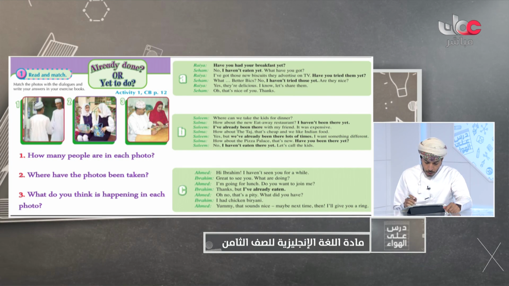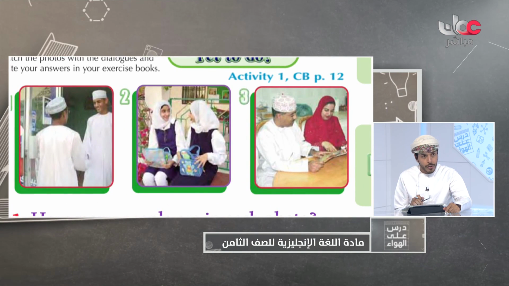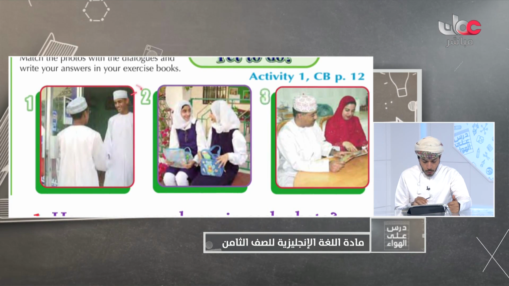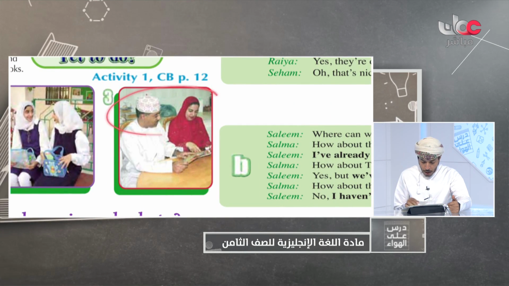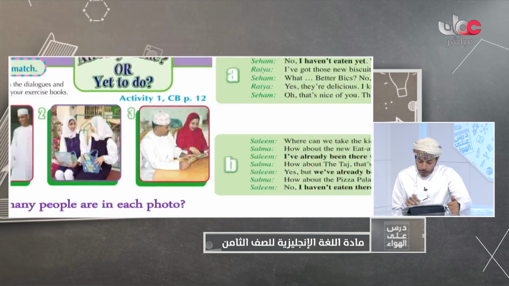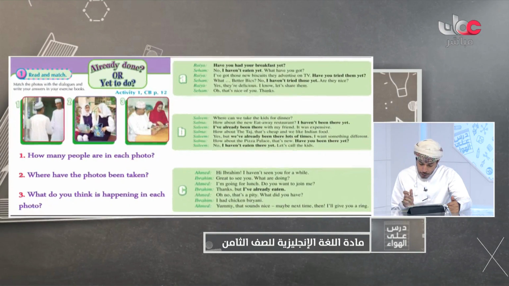Let's look at these pictures first, as we can see. Okay, so here we have 2 boys, and here we have 2 girls, and maybe here we have a husband and a wife. So when we look at the first dialogue, dialogue A, we have Raya and Siham. So it means 2 female students, of course. So A is going to be with picture 2.